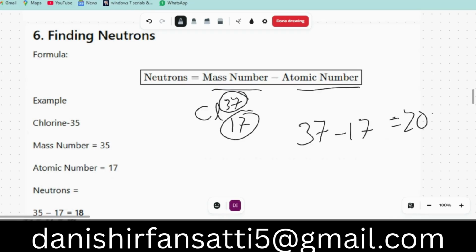So we have 20 neutrons in chlorine 37. Sorry, chlorine 35, that is 35, so that is 18 neutrons.